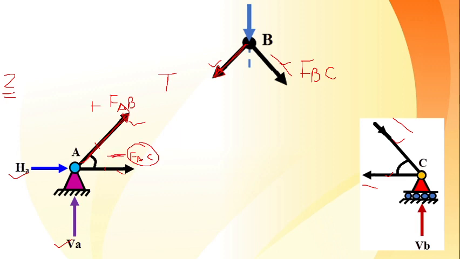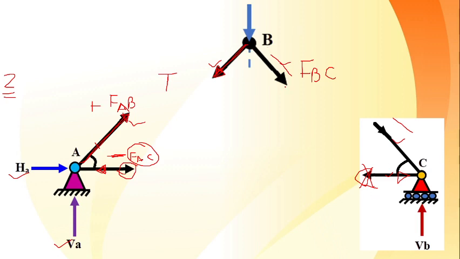If the answer comes out to be negative, what does it mean? It is not away from the joint, it is toward the joint. If this arrow is toward the joint, this arrow also has to be toward the joint. Can you say this? Because they have to be always equal, opposite and collinear. Same is the case.